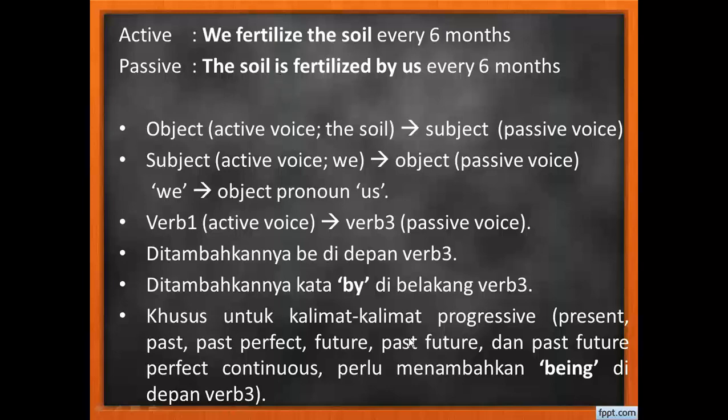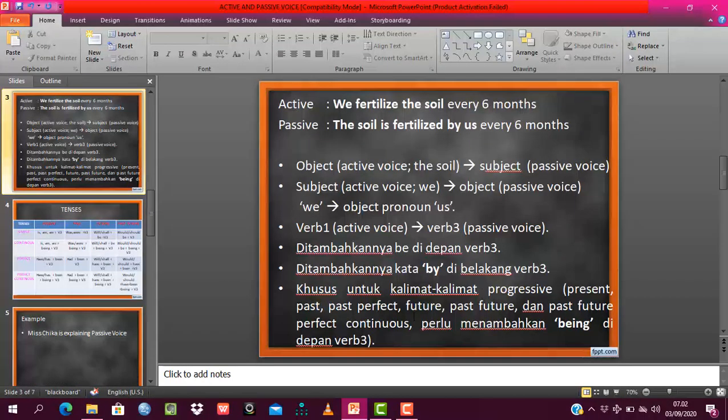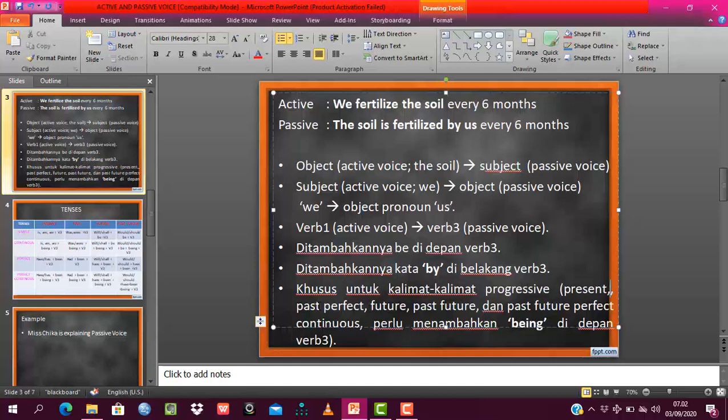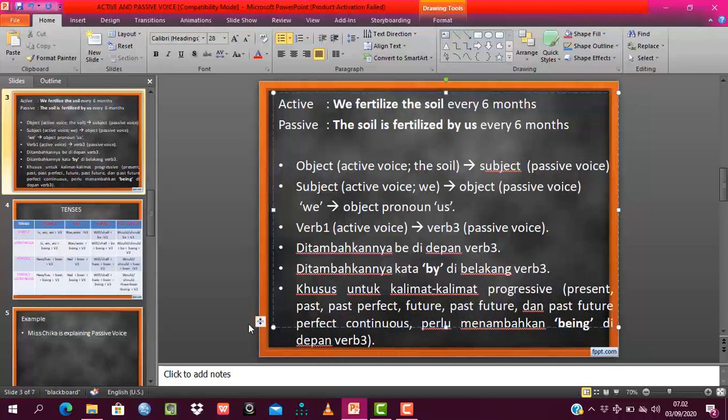And especially for the progressive sentences, like present continuous tense, past continuous tense, past perfect continuous tense, present future continuous tense, past future continuous tense, and past future perfect continuous tense, you must add the word being before verb 3.